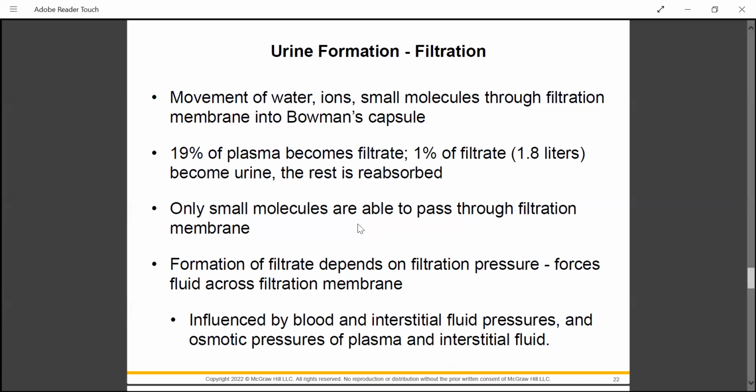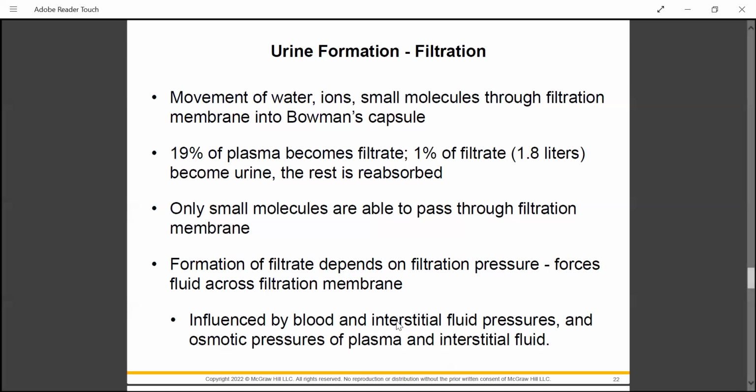Only small molecules are going to pass through our filtration membrane. So that's going to be really tiny stuff like sodium, potassium, little ions, some really small proteins, mostly water. So filtrate is going to depend on filtration pressure. So in a sense, the more filtration pressure there is, the more filtrate we are going to make. And our body can somewhat control the amount of blood that is being introduced into that renal corpuscle to help control this rate.